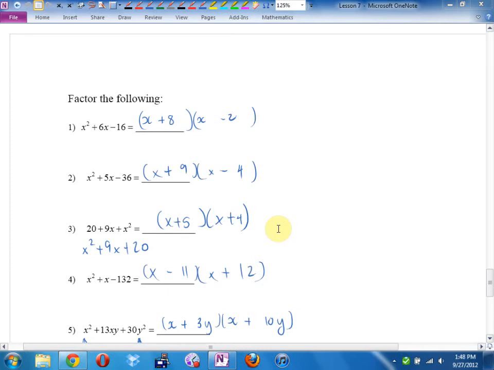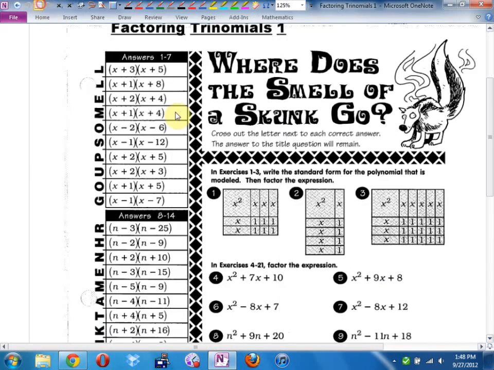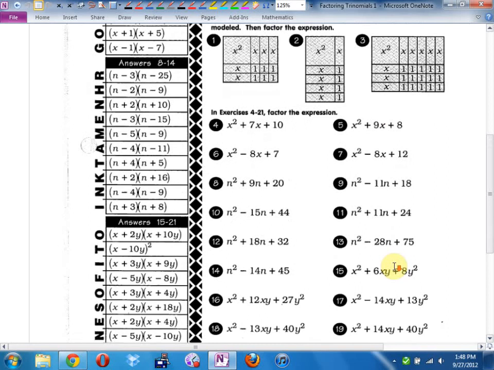The homework from last day was these 2 lame joke sheets. First of all, I kind of want to know the answer. So, oh, pray tell, where does the smell of a skunk go? No one knows.